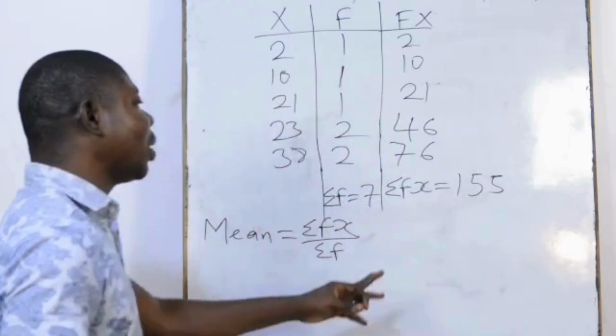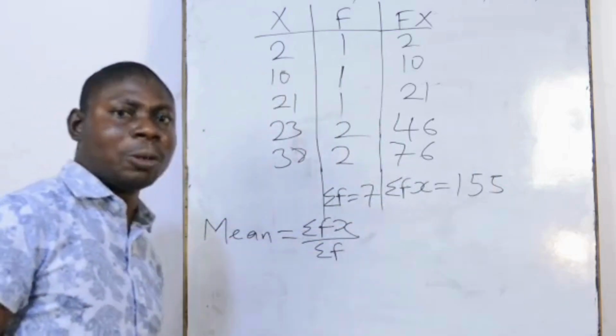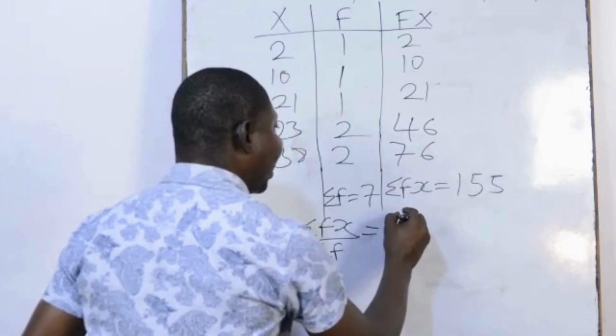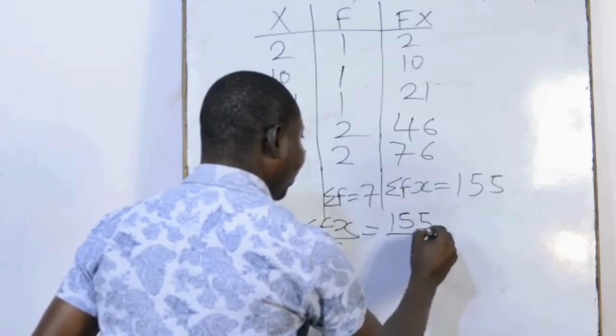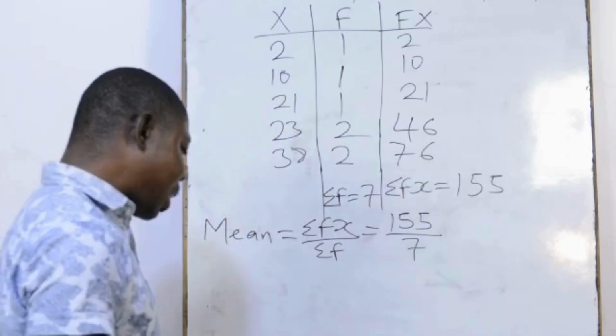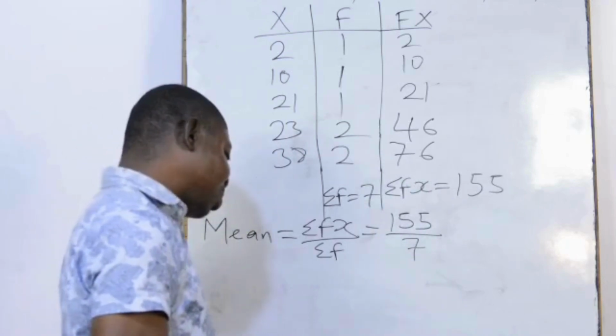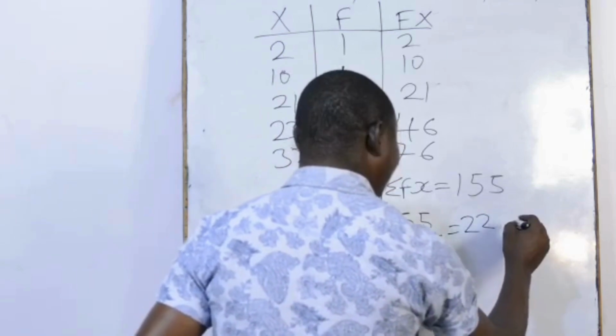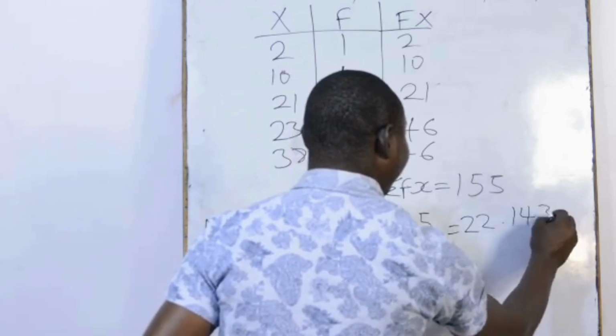So far you are able to achieve this. Then you write it over 7. 155 divided by 7 will give us 22.143.